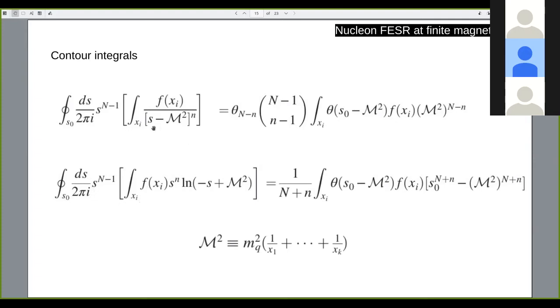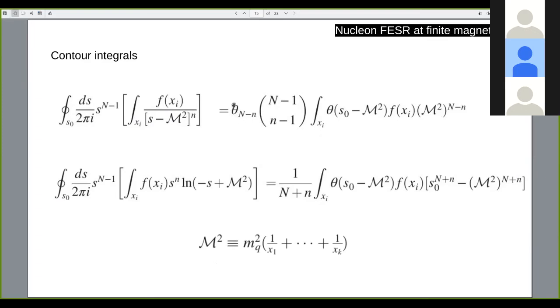Before integrating, for example, the typical one-loop diagram up here will have some denominator S and these corrections to the quark mass, and x are the Feynman parameters. So if we integrate on the contour before, we can get a simplified expression to integrate afterwards in the Feynman parameters.